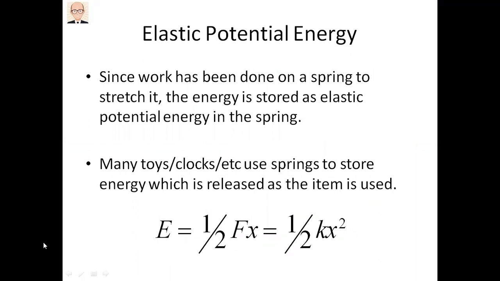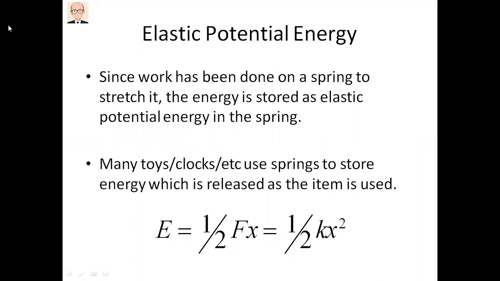Elastic potential energy. Since work has been done on a spring to stretch it, the energy is stored as elastic potential energy in the spring. Many toys and clocks use springs to store energy, which is released as the item is used.